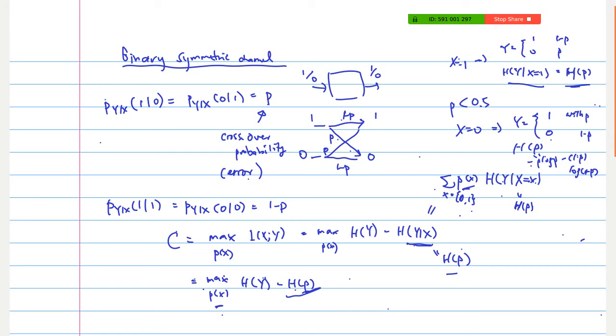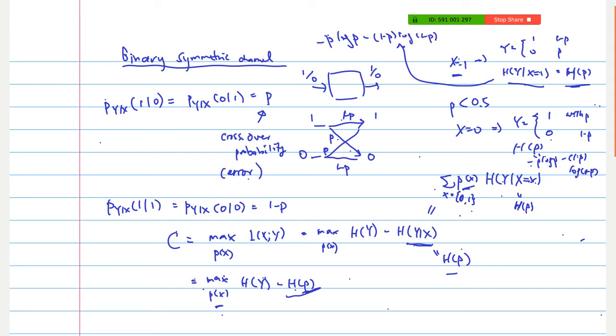Why? Because when x equals 1, Y will have a distribution equal to 1 with probability 1 minus p and 0 with probability p. That's right. So the entropy H(Y given X equal to 1) will be just minus p log p minus (1 minus p) log (1 minus p).